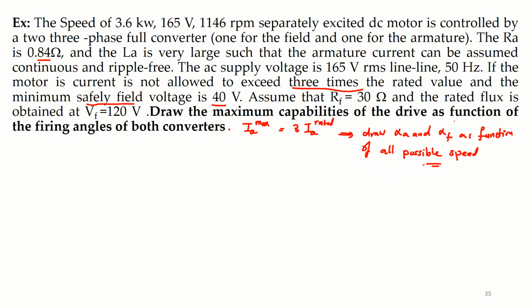So for the field firing angle, this will be straightforward, because at a speed less than the base speed, at omega less than omega base, the speed at which we need to go to the field weakening, the field should be the rated.